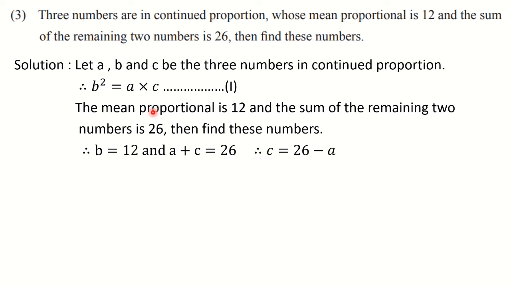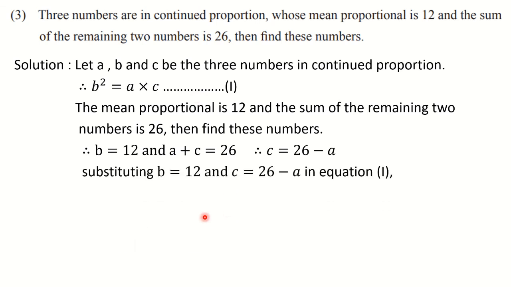So here, now in this equation, B I am going to replace by 12 and C I am going to replace by 26 minus A. That means these both the values I am going to substitute in equation 1. So substituting B is equal to 12 and C is equal to 26 minus A in equation 1.